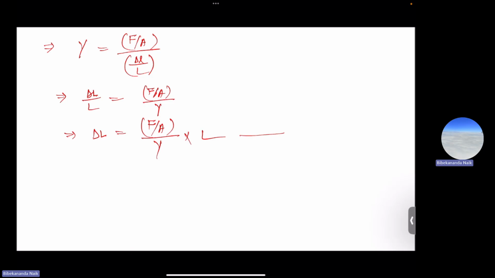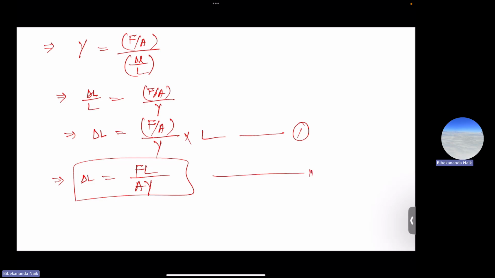Now this is equation 1. So let's arrange it again. So delta L equals F L divided by A Y. So now this is the working formula for this problem.